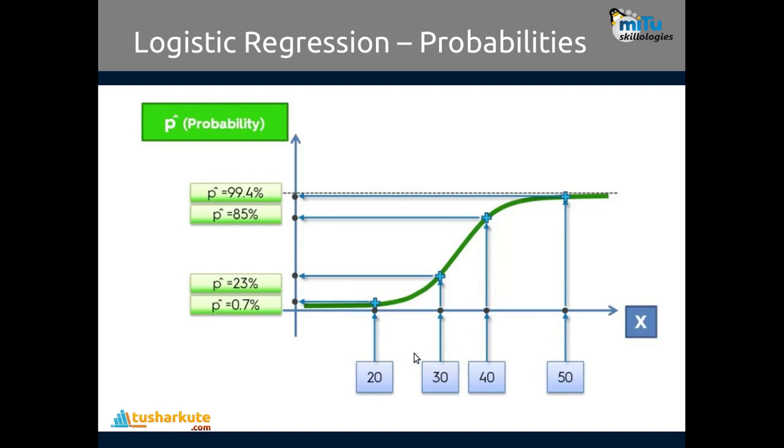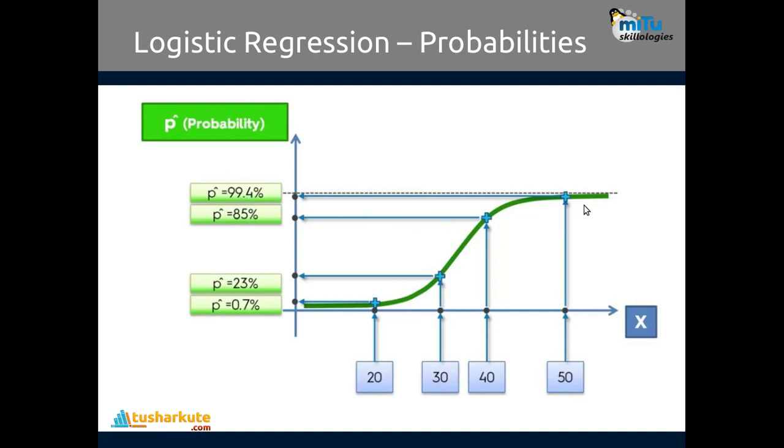If you go here, 20 projected on this line has a probability of 0.7%. 30 projected on this line has a probability of 23%, and 40 has 85% probability. 50 projected on this line has 99.4% probability.